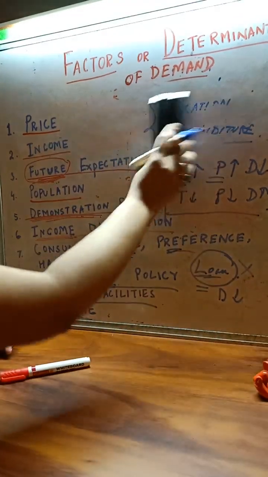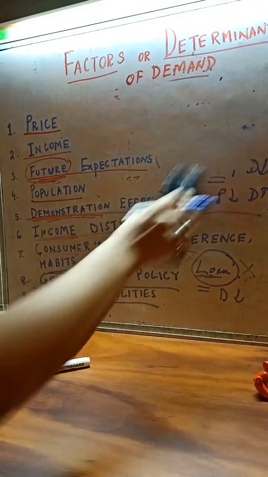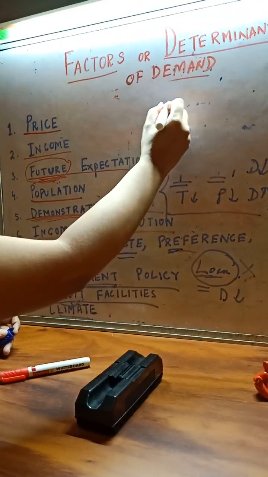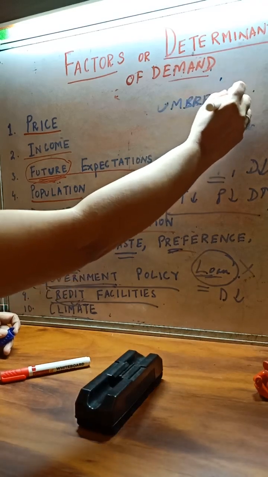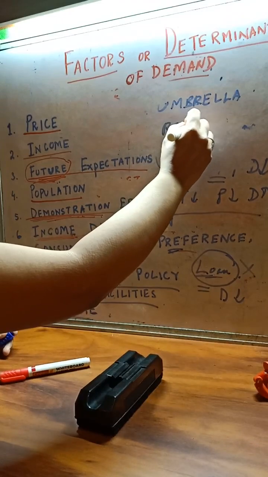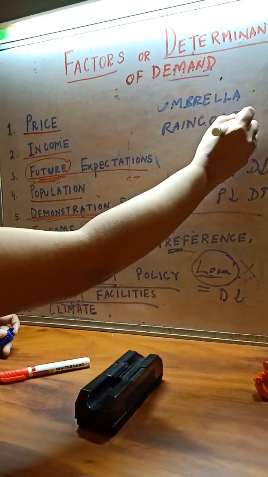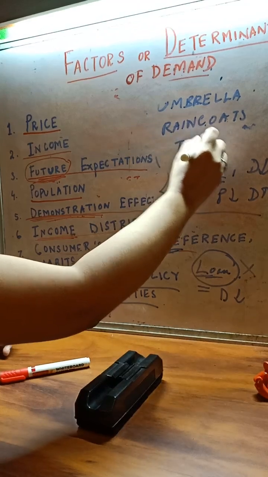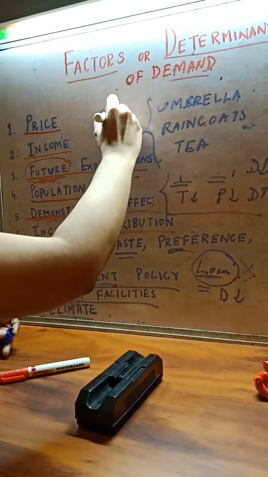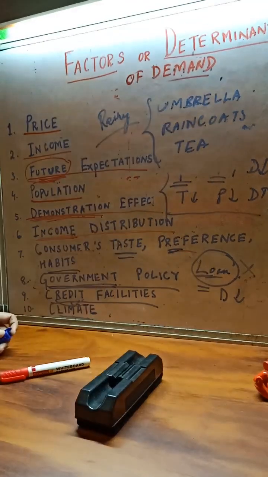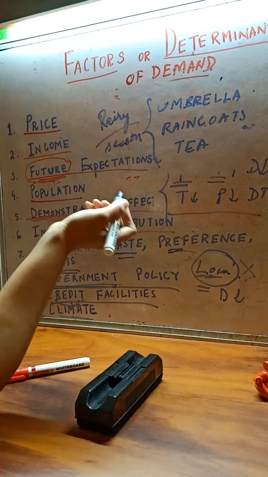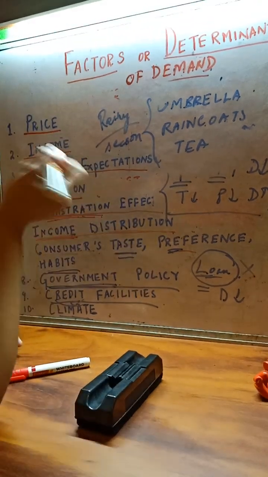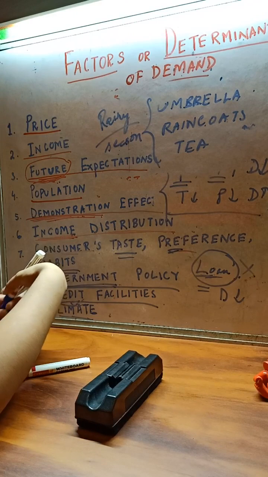So during the rainy season, definitely the demand for umbrellas, raincoats, and tea will rise. So definitely the rainy season or any climatic factor will have an impact on the demand pattern of a commodity.